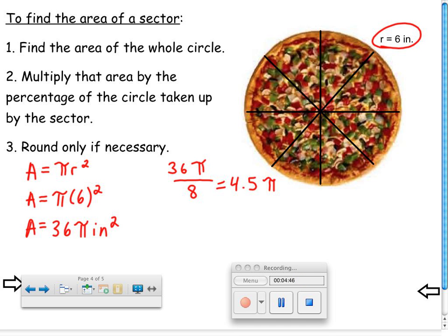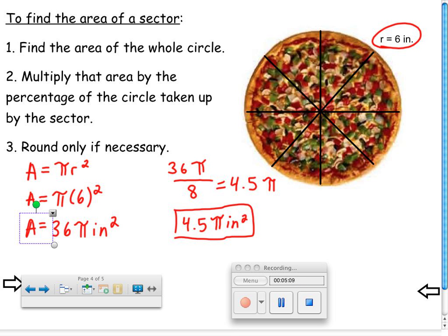Our final answer is 4.5 pi square inches. And that's the area of each piece. I encourage you to pause and rewind that so that you understand what I did. And remember, you only round if necessary. So once you get your answer in terms of pi, you can round.